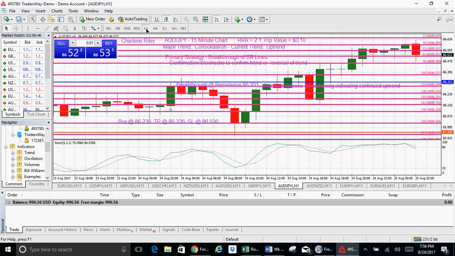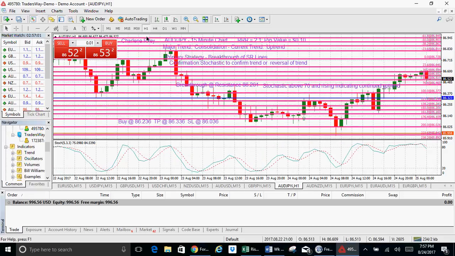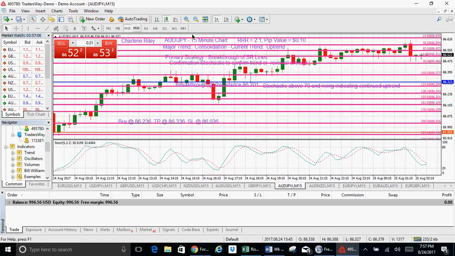And then on the 1-hour chart, there's an overall uptrend, but currently the bears are trying to take over. And now going to my 15-minute chart, which is where I would execute trades, again there's the overall uptrend, but right now there's consolidation.